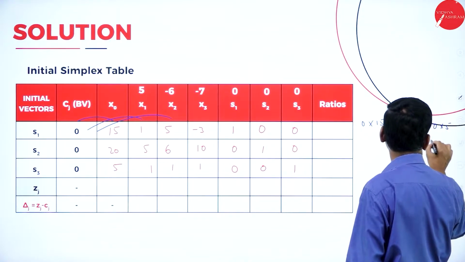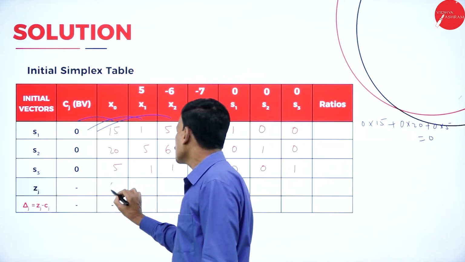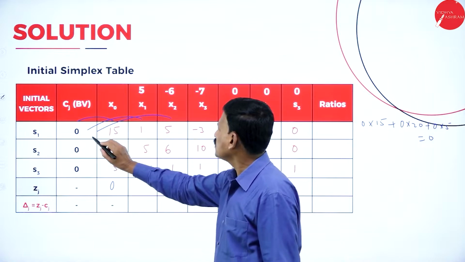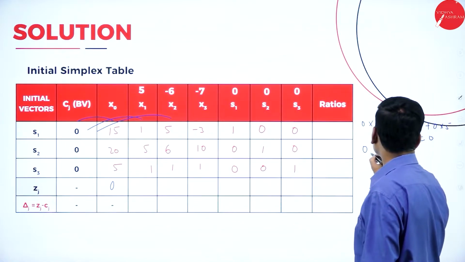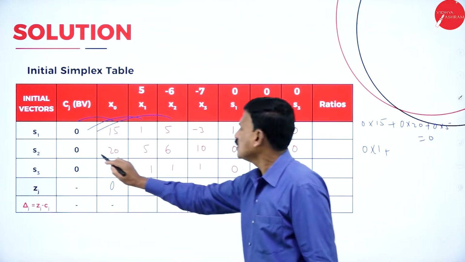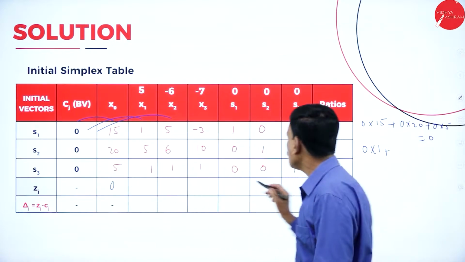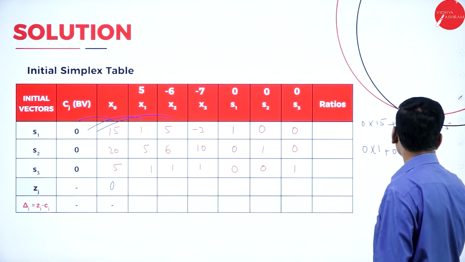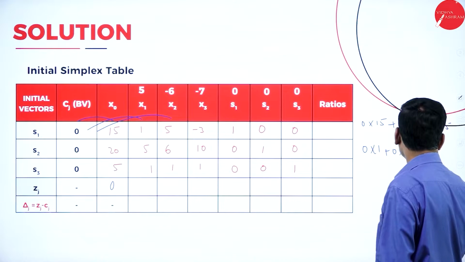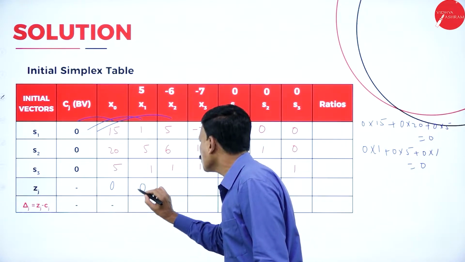So this is equal to 0. Next again 0 into 1, plus 0 into 5 plus 0 into 1. Again this is also equal to 0.